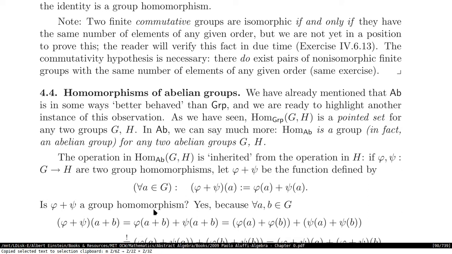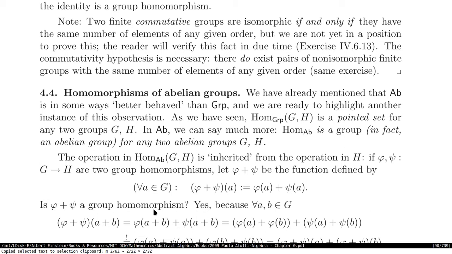We have the category of abelian groups, right? And that's somewhat better in the sense it's more special than the category of groups. The set of homomorphisms from G to H for any two groups G, H is a pointed set.